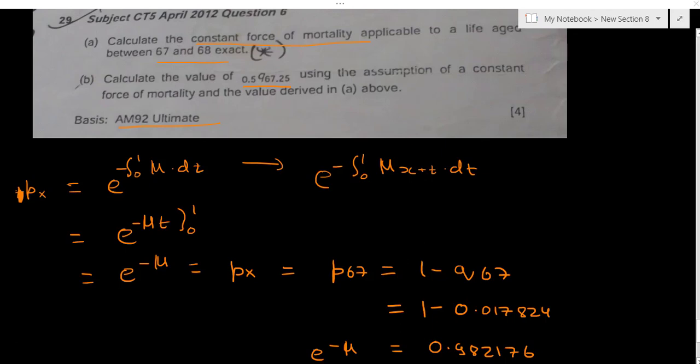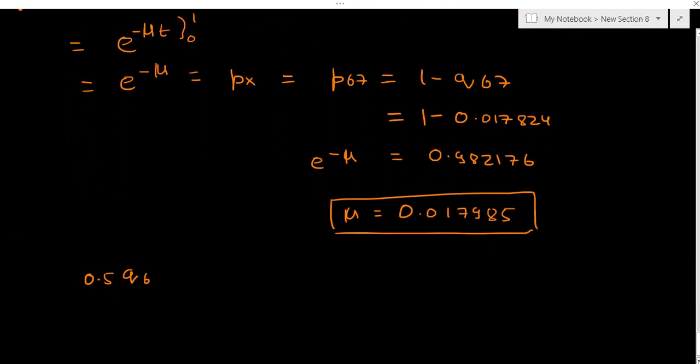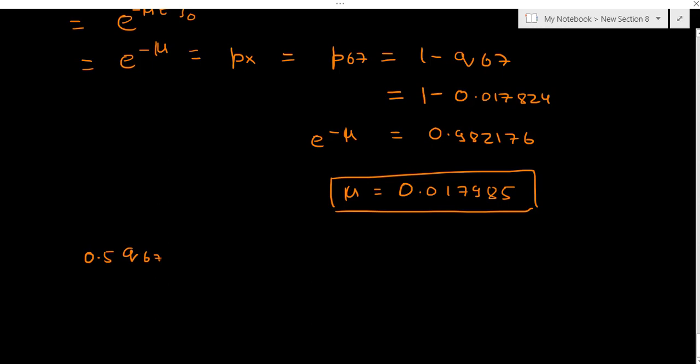So this is just 1 minus 0.5p67.25. Since mu is a constant, this becomes 1 minus e to the power of minus mu, that is your tPx value, to the power of 0.5, because this would be a constant throughout.